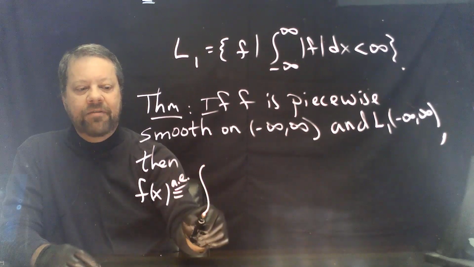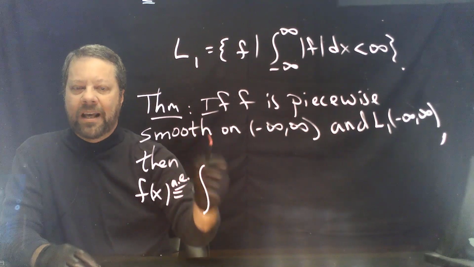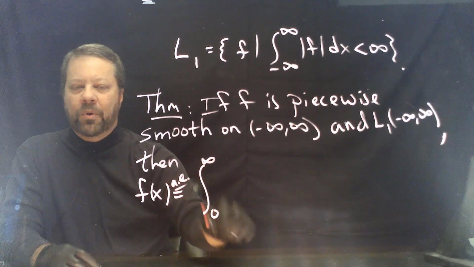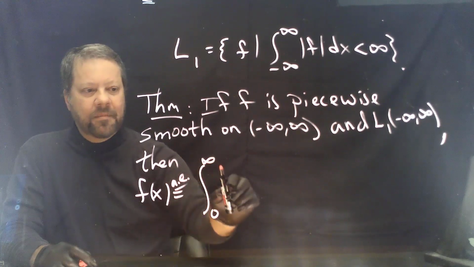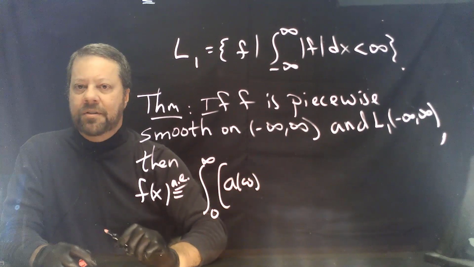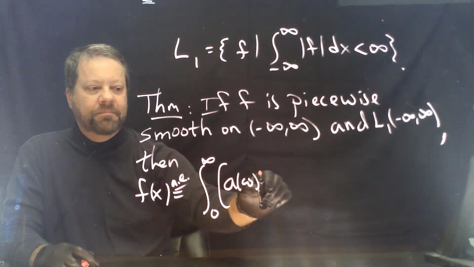But this time, instead of using a sigma, we're going to have a continuous set of coefficients, and we're going to integrate from 0 to infinity. The coefficients are going to be functions, let's say, of omega.